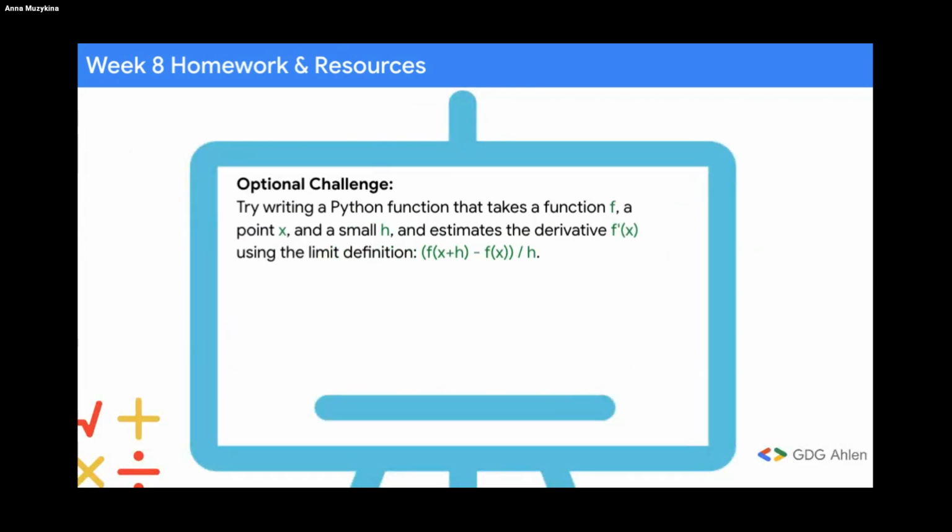As an optional challenge, think about the limit definition of the derivative we saw on the last slide. Try writing a small Python function to numerically estimate a derivative using that formula. It's a great preview for where we are heading.